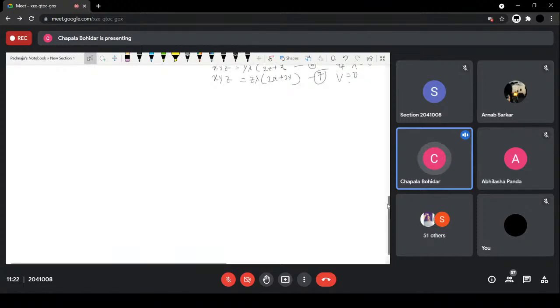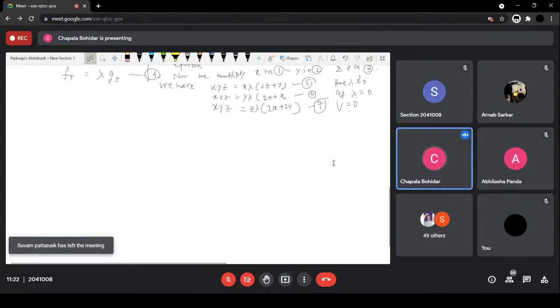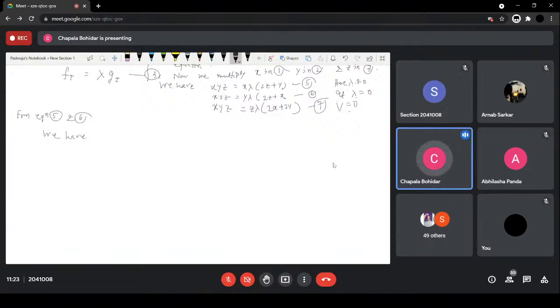Now from equations 5 and 6, we have x lambda (2z plus y), so lambda into 2zx plus xy is equal to lambda into 2zy plus xy.